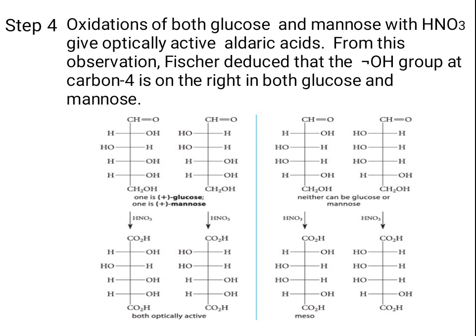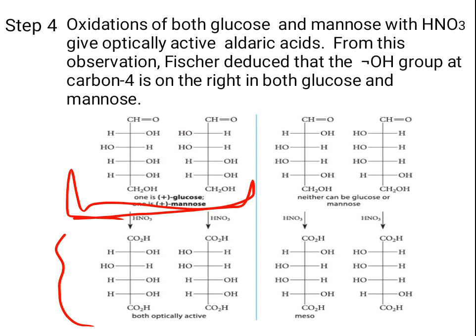One of these is glucose and one of these is mannose. He didn't know at first which one is the glucose and which one is the mannose, but after oxidation he found that both are optically active.